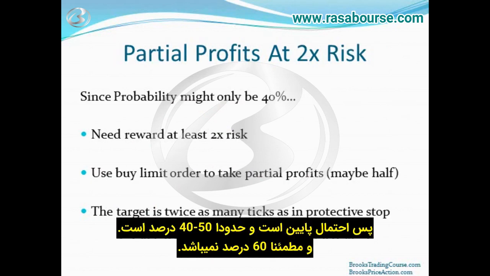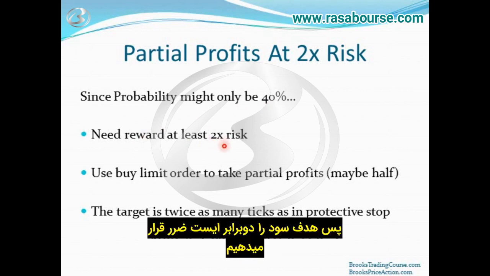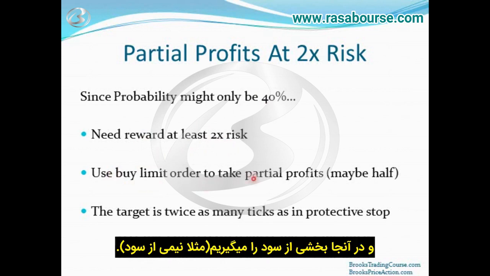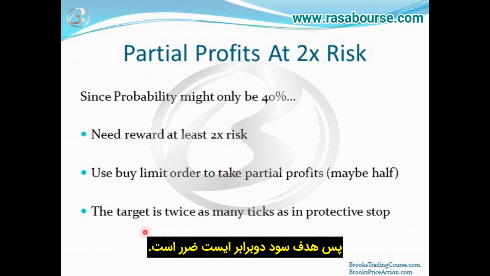Again, since the probability might be as low as 40%, it might be 50%, but it's certainly not 60%. You need a reward at least 2 times greater than the risk. You can go ahead and place a buy limit order to take partial profits, maybe half off, at 2 times greater than the risk. So the target is twice as many ticks as in the protective stop.